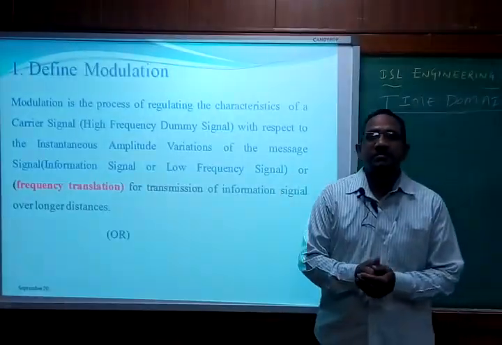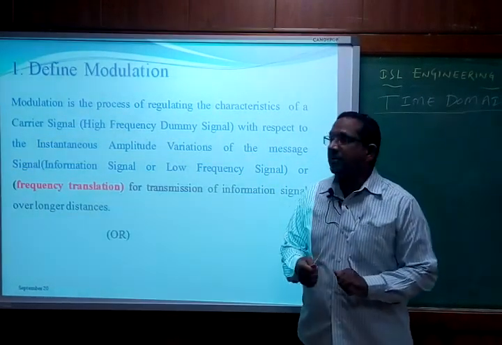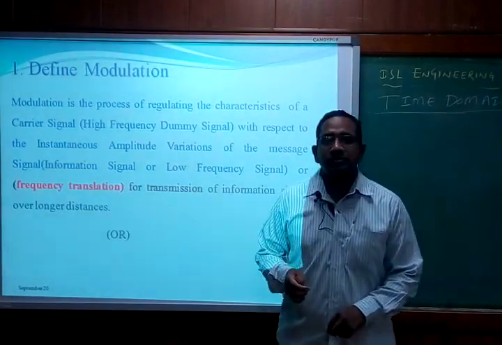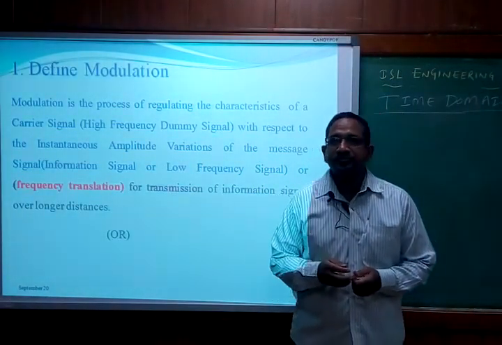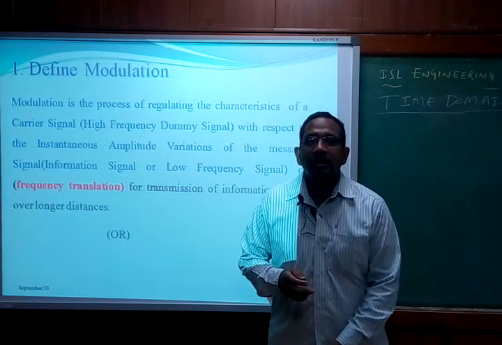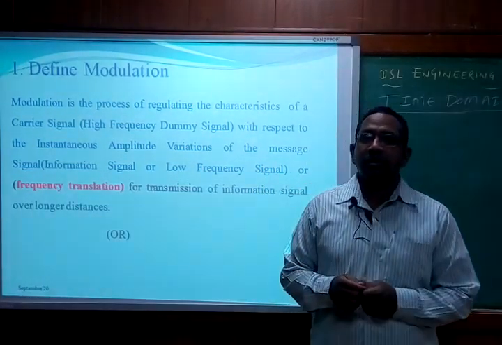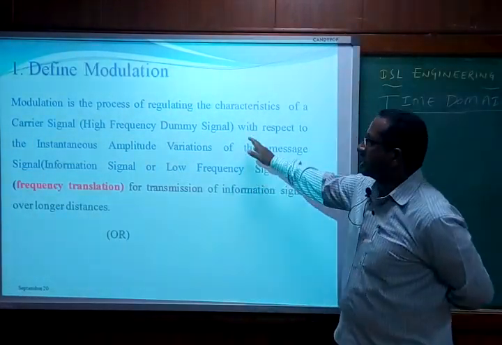Before we go with the analysis, let us once again recap the basic concepts that we discussed earlier. So modulation is basically a process of changing the characteristics of a high frequency carrier with respect to the amplitude variations of the modulating signal. This is the time domain representation.